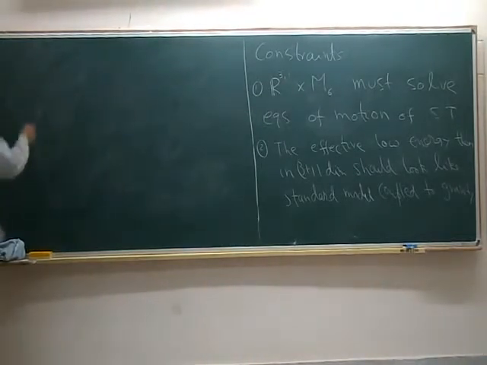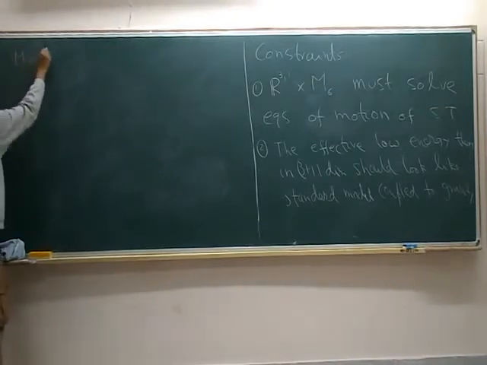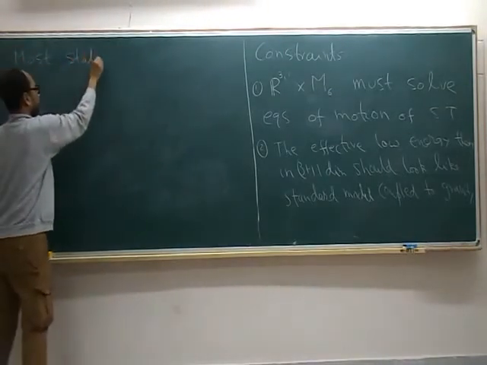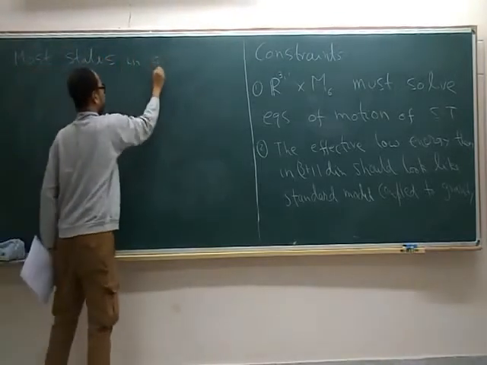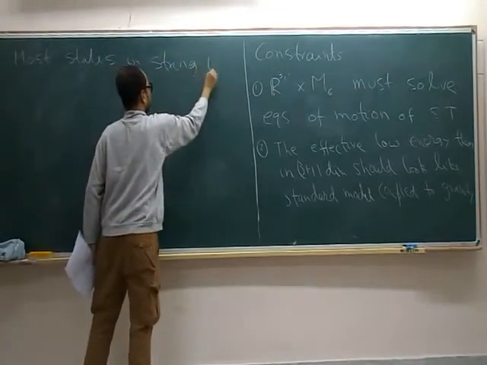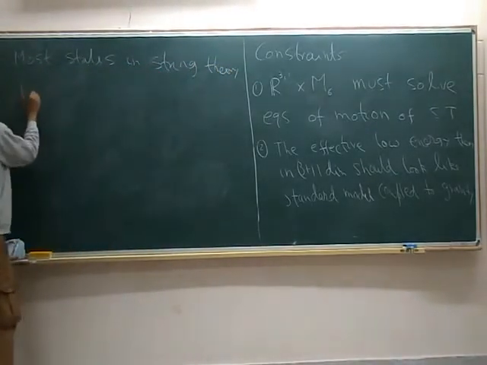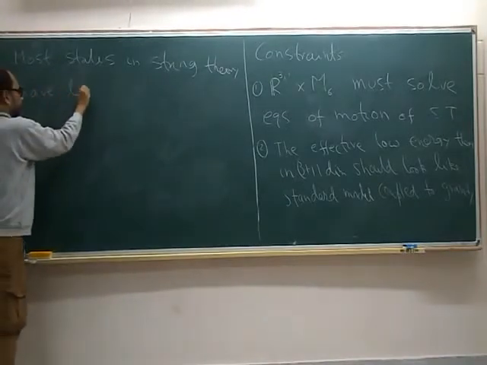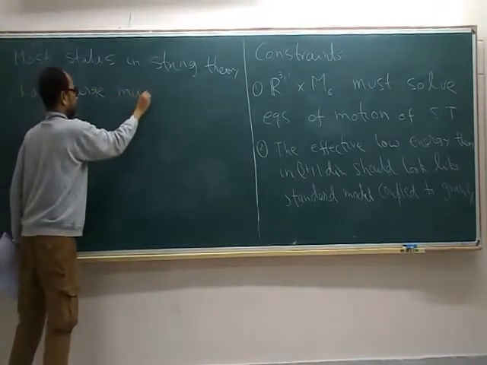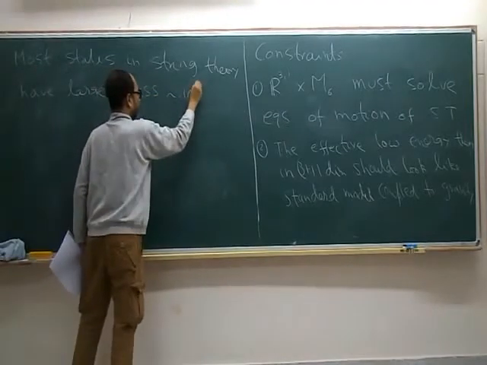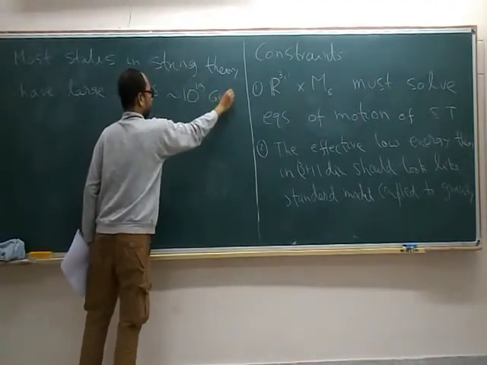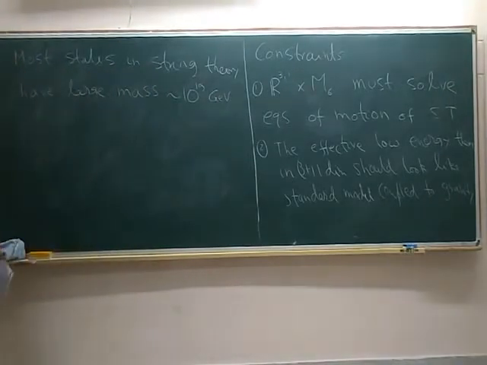Most states in string theory have large mass, which is typically of the order of 10 to the 19 GeV. These are beyond the reach of any present experiment, so you can say that we can ignore them. And so, at least in 9+1 dimensions, we focus on the massless states.